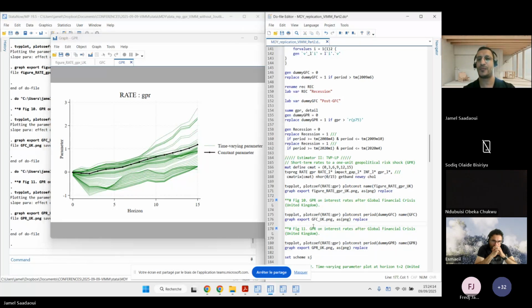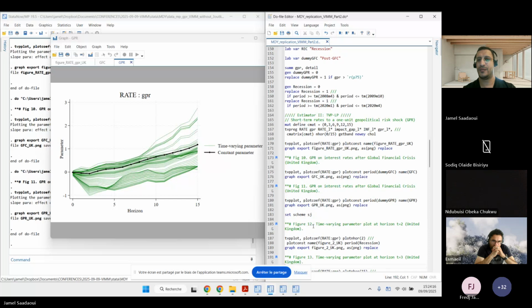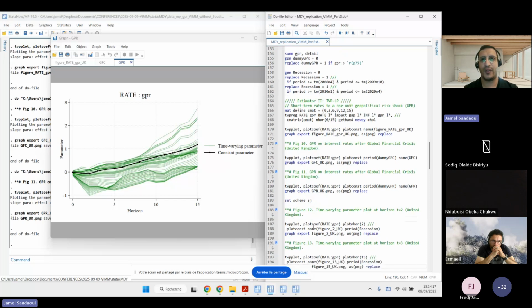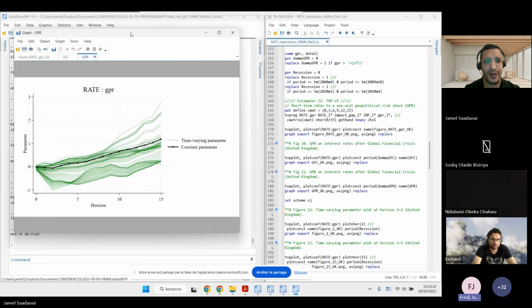Okay, so now, if you look at this picture on the left and focus on horizon h equal 2, you can see that some of the impulse response functions are near -1, and some of them are near 0.